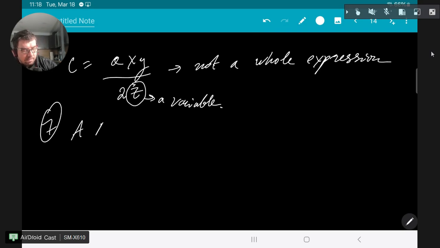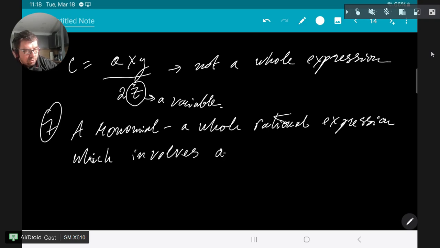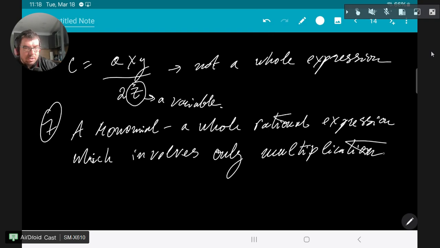So a monomial, a whole rational expression which involves only multiplication, obviously division as well, because division is a type of multiplication by a fraction, of constants and variables.